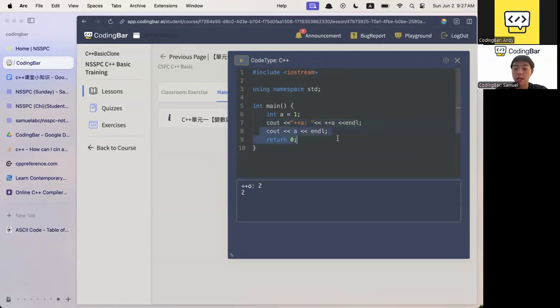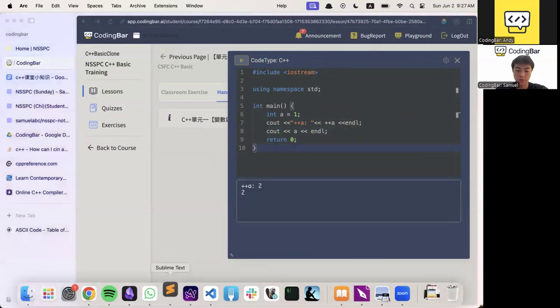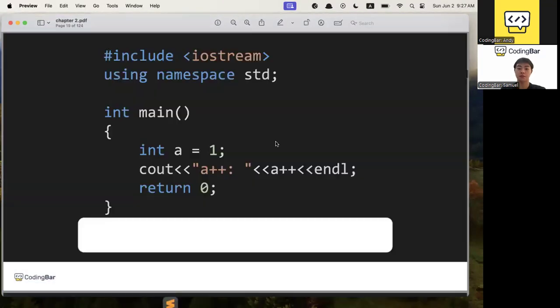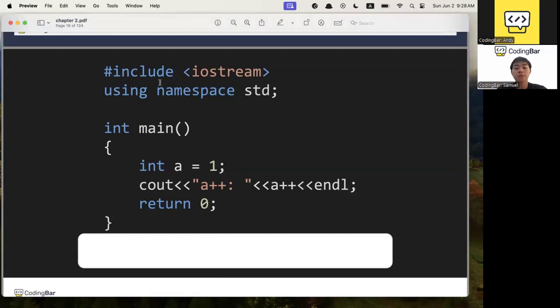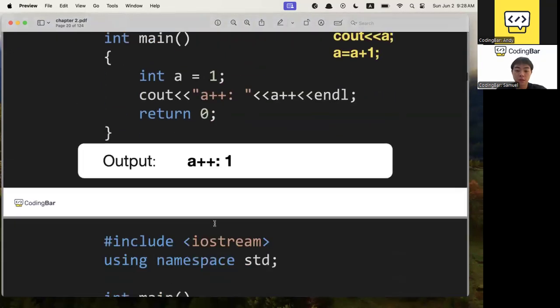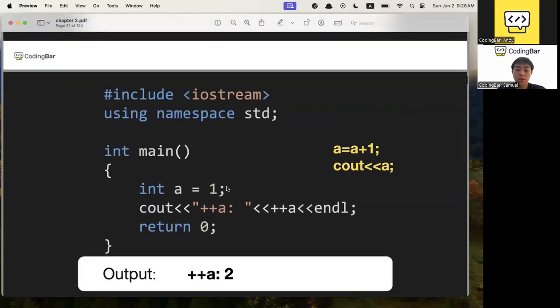And a is also 2 in the next line. So we demonstrated this already.